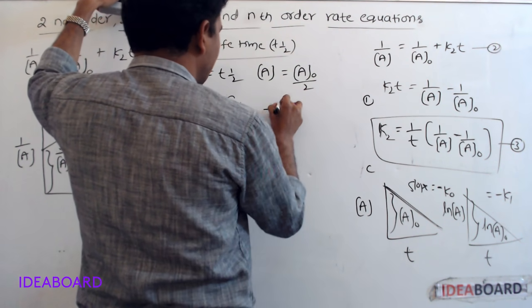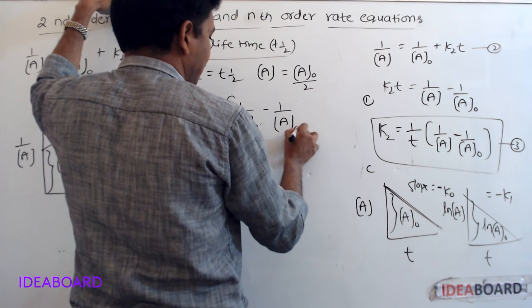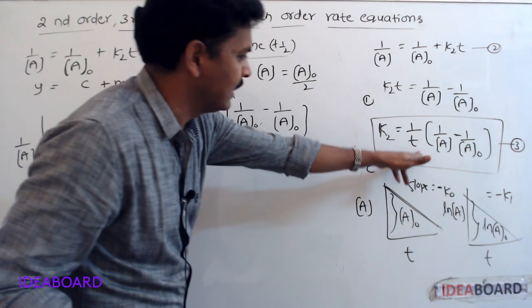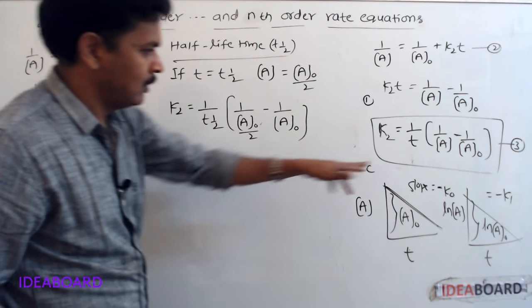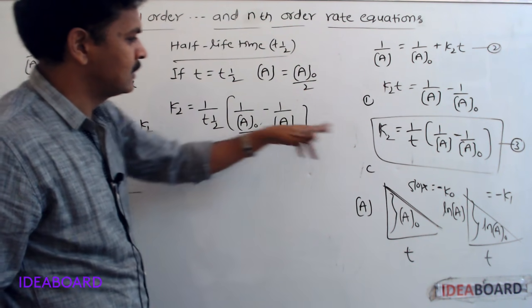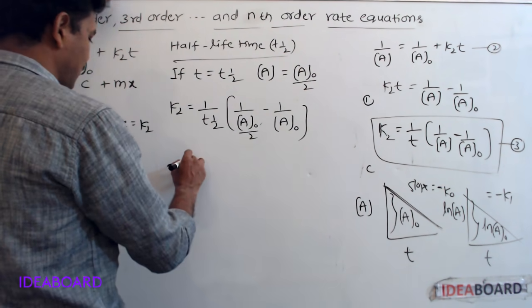So 1 by A naught by 2 minus 1 by A naught.